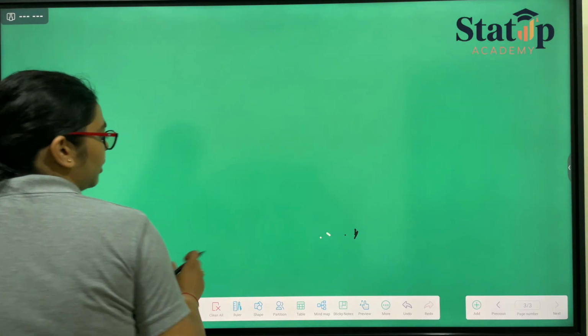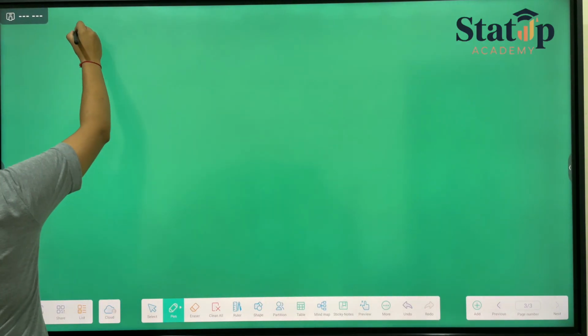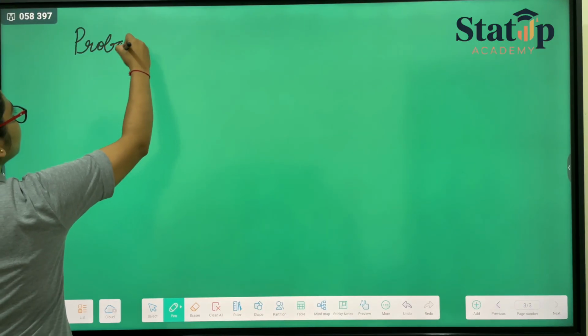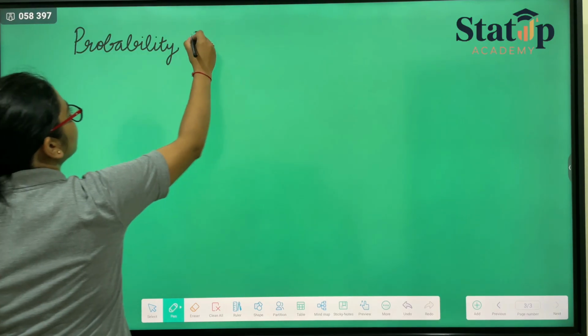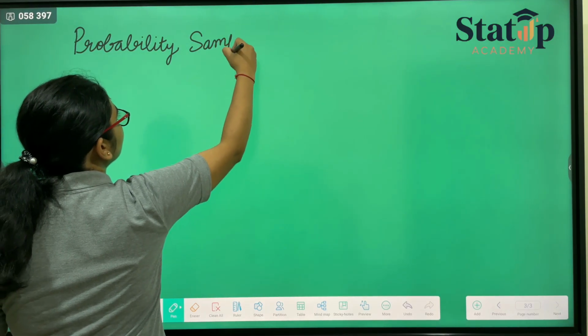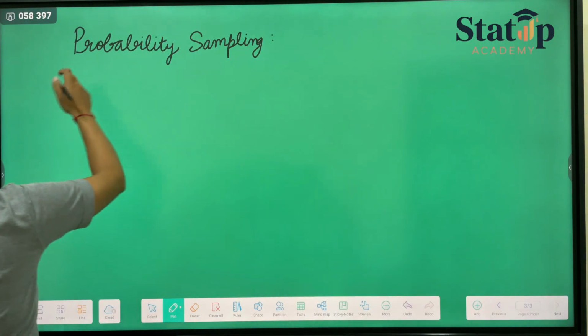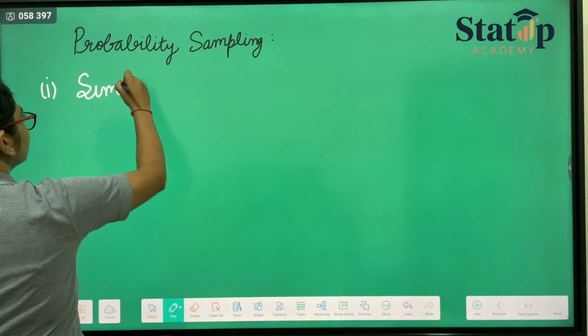Now there are types of probability sampling. The first type is simple random sampling.